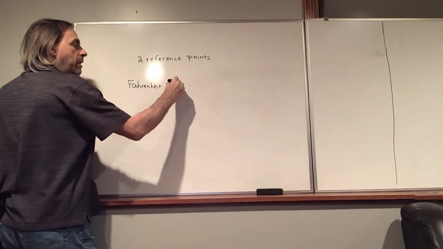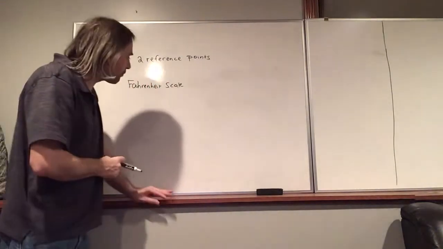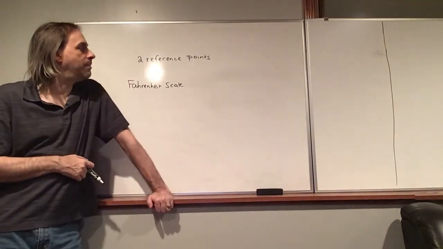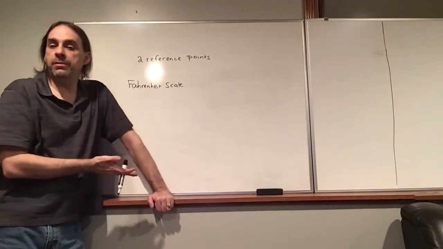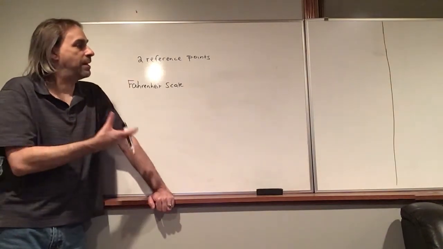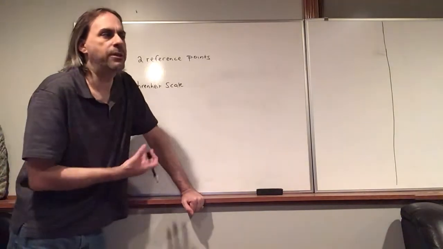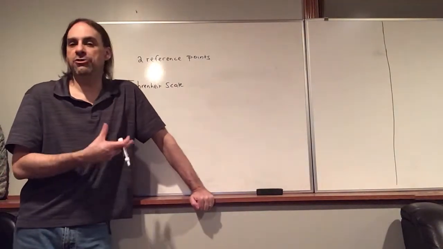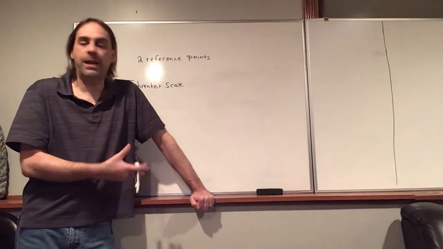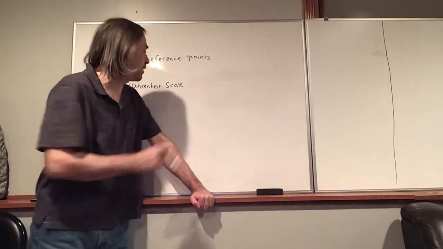Basically, we need two reference points, which are usually pretty arbitrary. Then we can divide it up and arbitrarily assign numbers to these two reference points. These reference points could be anything, but it should be something creatable. So let's just talk about the Fahrenheit scale.